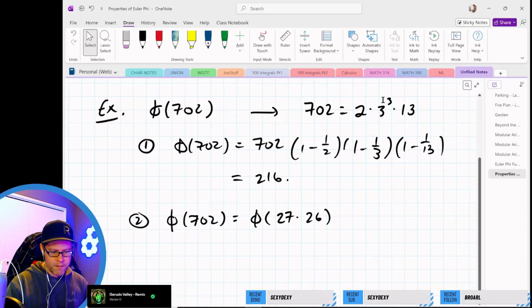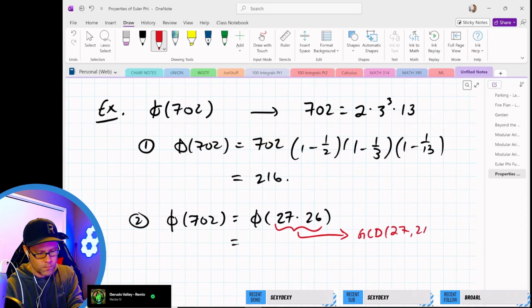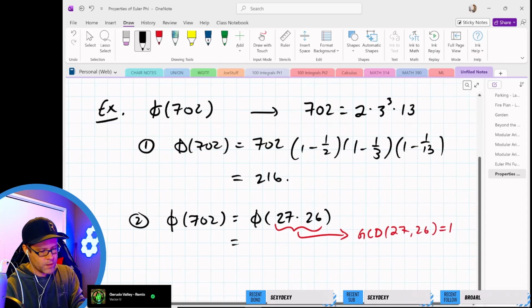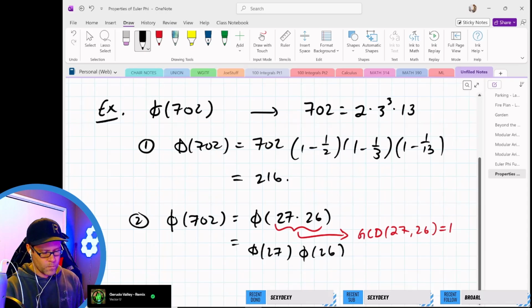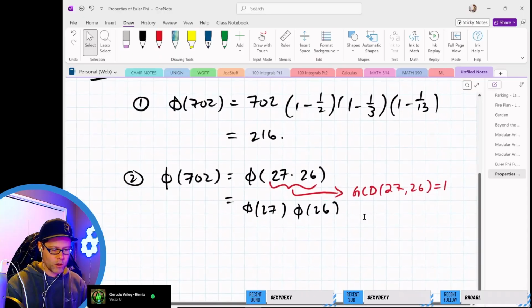So what I'm doing effectively is taking this 3 to the power of 3, which is my 27, and 2 times 13, that gives me this 26. The property says that since these two numbers are co-prime, I really should be able to think about this as phi of 27 times phi of 26. So I should be able to break apart the Euler Phi function in this multiplicative kind of way.